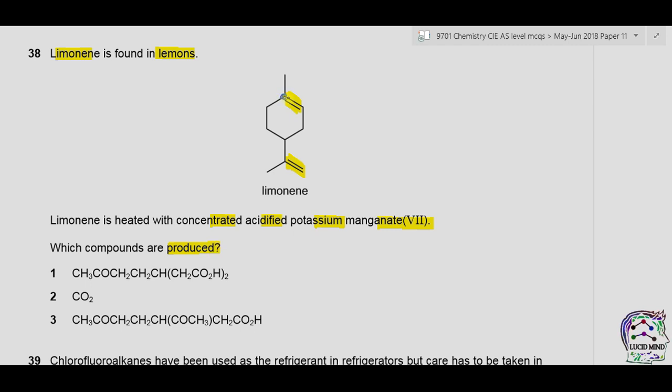The carbon atoms involved in the double bond: this is the first one. As this carbon is attached with 2 alkyl groups, it will convert into ketone. This is the second carbon that is involved in the double bond. As it consists of 1 alkyl group and 1 hydrogen atom, it will convert into carboxylic acid upon oxidation.